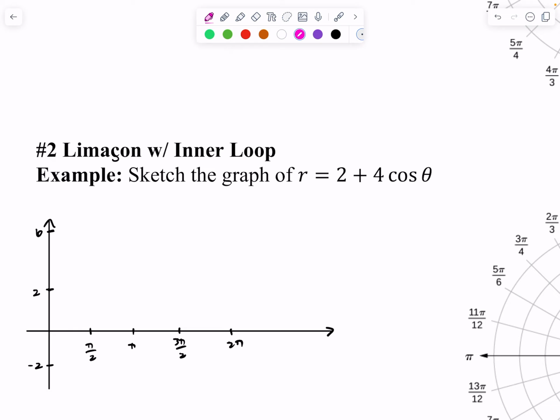Cosine, and this is in the xy plane. I should label the midline here. It starts high and then comes down low, back to the midline and finishes high.